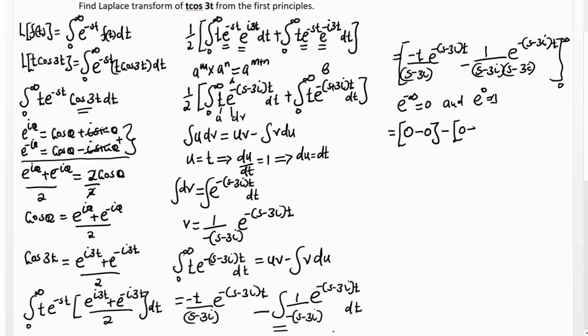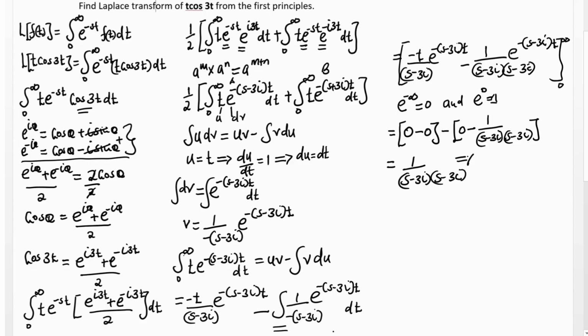Then the second part is equivalent to 1 all over s minus 3i into s minus 3i, since e raised to 0 equals 1. Correct? So our overall answer, if we open the brackets, is 1 over s minus 3i over s minus 3i.